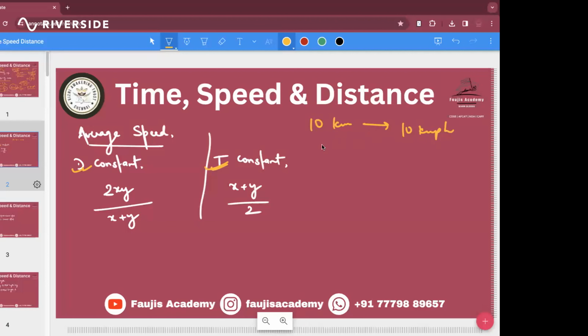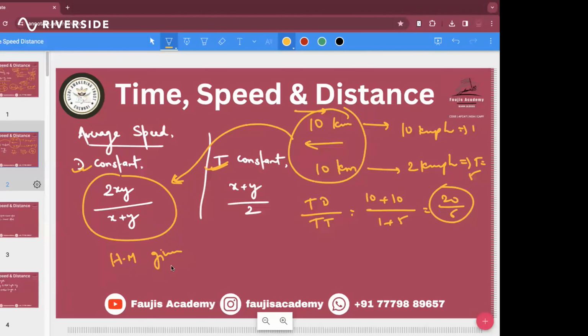And this is nothing but, when your distance is constant, you see the distance is constant in both the cases, in going and coming back, it is given by a formula called the harmonic mean of the given speeds. So what is harmonic mean? In this context, it is 2 into xy, where x and y are your different speeds.